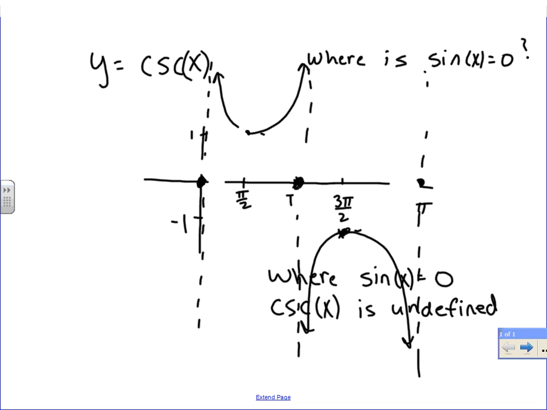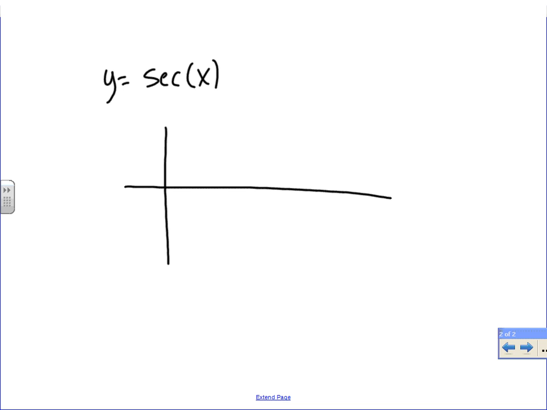Now, let's graph secant. So let's do y equals the secant of x. What I'm going to think about here is the cosine graph. So we'll sketch the graph of cosine. Keep in mind the period would still be just 2 pi because I don't have a row variable. And so we count by pi over 2: pi over 2, pi, 3 pi over 2, and finally 2 pi.